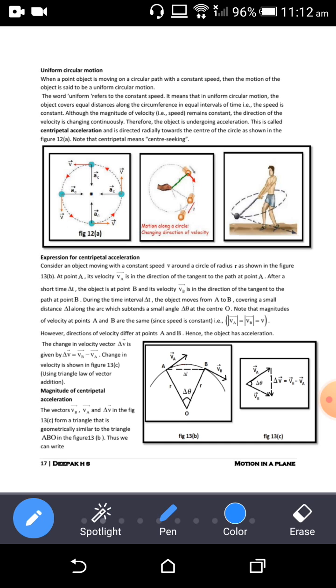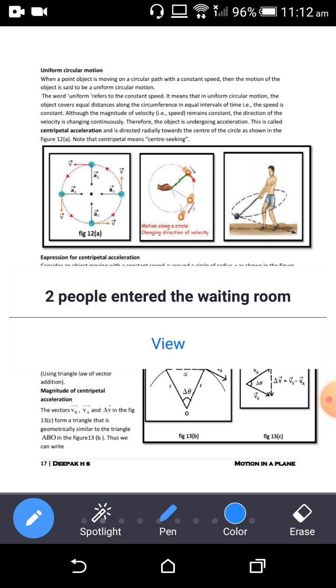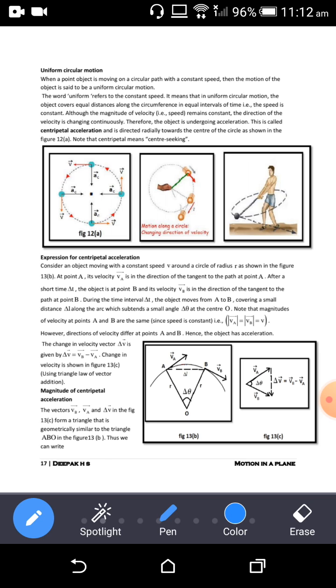When a point object is moving on a circular path with a constant speed, the motion of the object is said to be uniform circular motion.